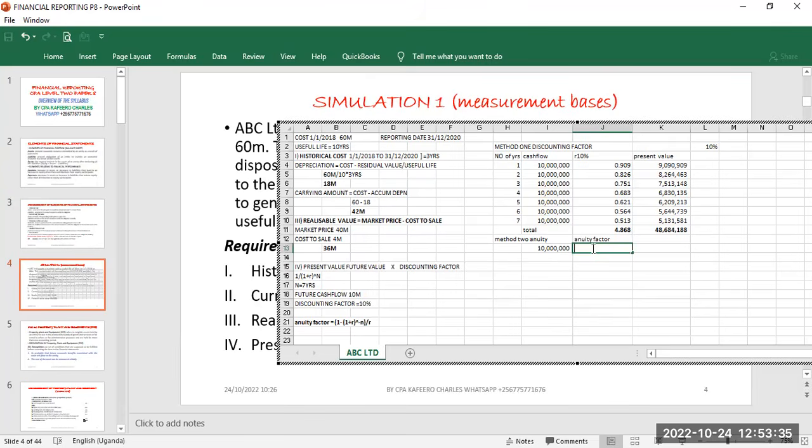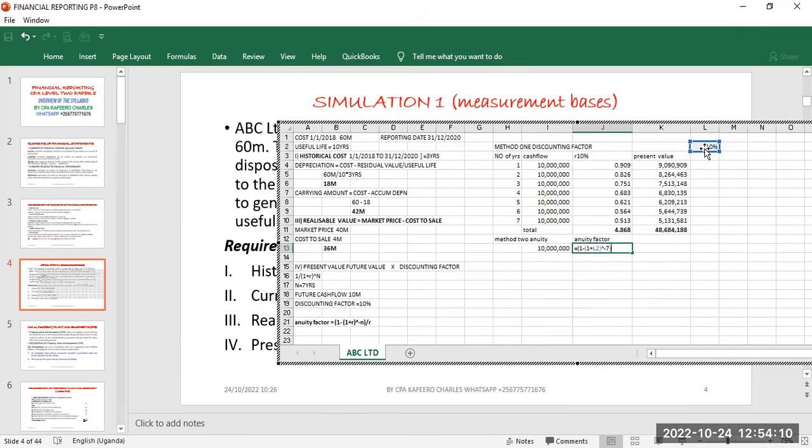We first open the bracket. We say 1 minus, open another bracket, it is 1 plus our 10%. Then close that bracket, to the power of negative 7.